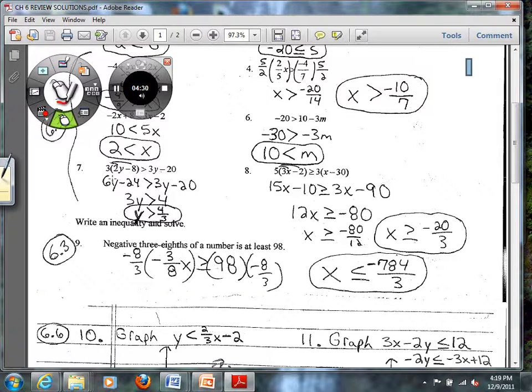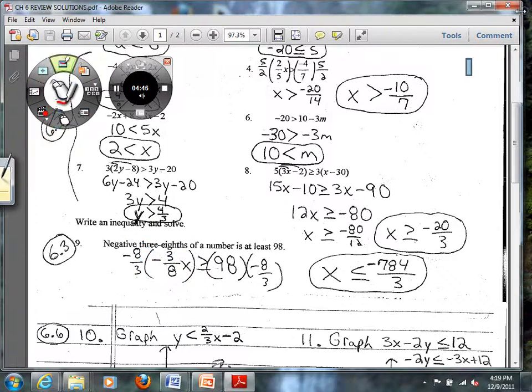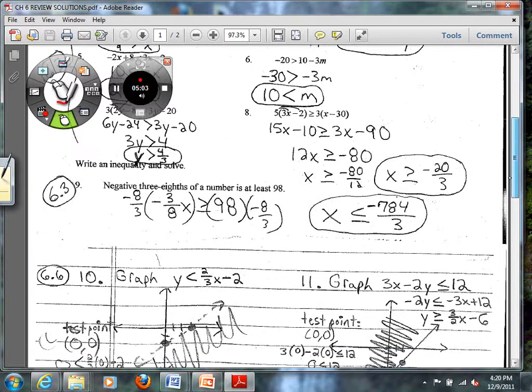These cancel out really well, so the 8's cancel out and the 3's cancel out, and then on the right side, the 98 times 8, you just multiply them together. So 784, it's a negative, and then divide by 3. This was before we were able to use calculators really, so now we actually could get a better answer with the calculator.